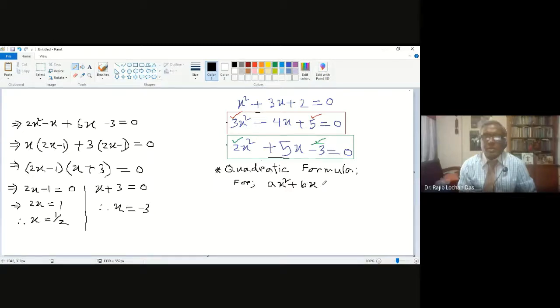You have to understand first what is A, what is B, and what is C. If you know these, then you can find the x value from this formula. What is the formula here? x equals minus b plus minus root over b square minus 4ac, divided by 2a.